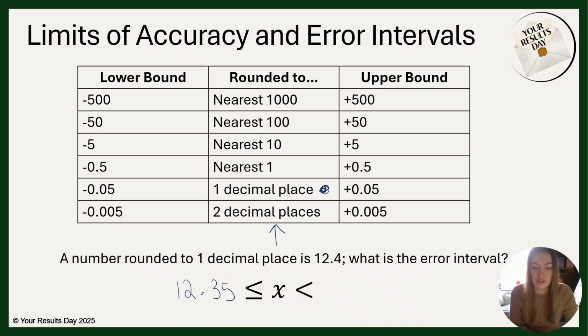That's the smallest number that will round up to 12.4. And the upper bound would be 12.45 because I'm adding on 0.05 to that number. And again, notice my use of that inequality symbol without the equals to, because technically we know that 12.45 would round to 12.5, but we're saying we're including every value up to, but not including 12.45.